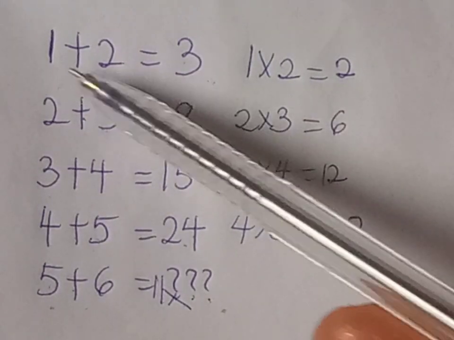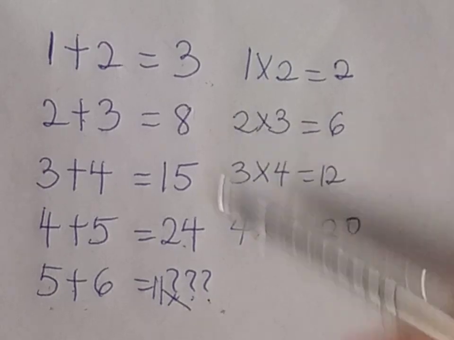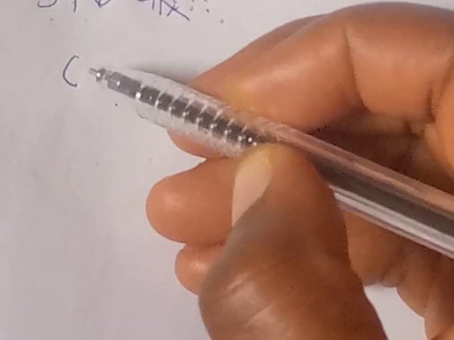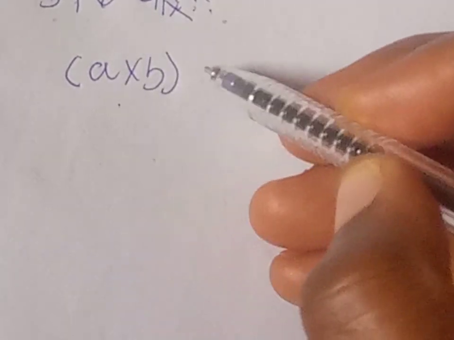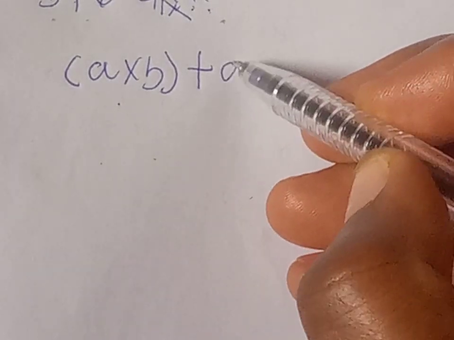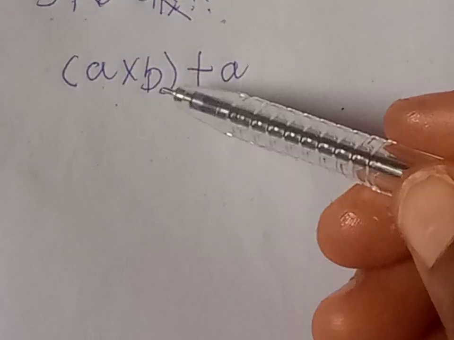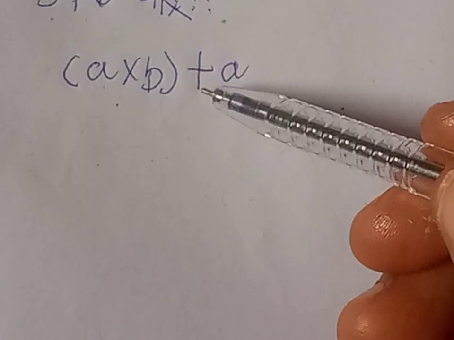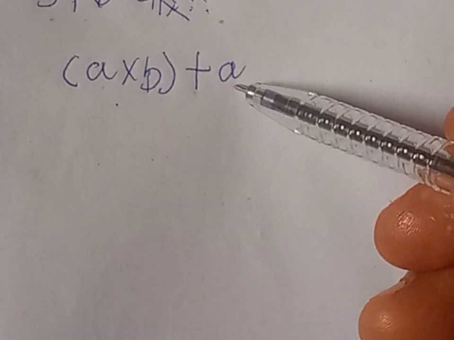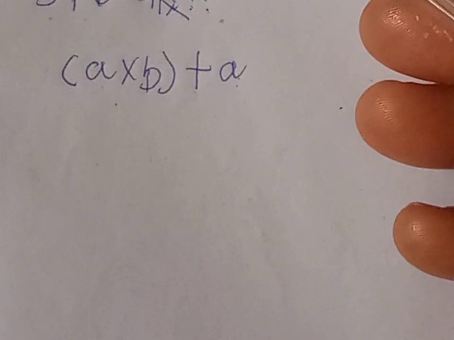The rule says multiply the two numbers, in algebra form, which says what? A times B, then add the first number to it, plus A. A is the first number, B is the second number, then you add the first number to it in order to get the answer here.